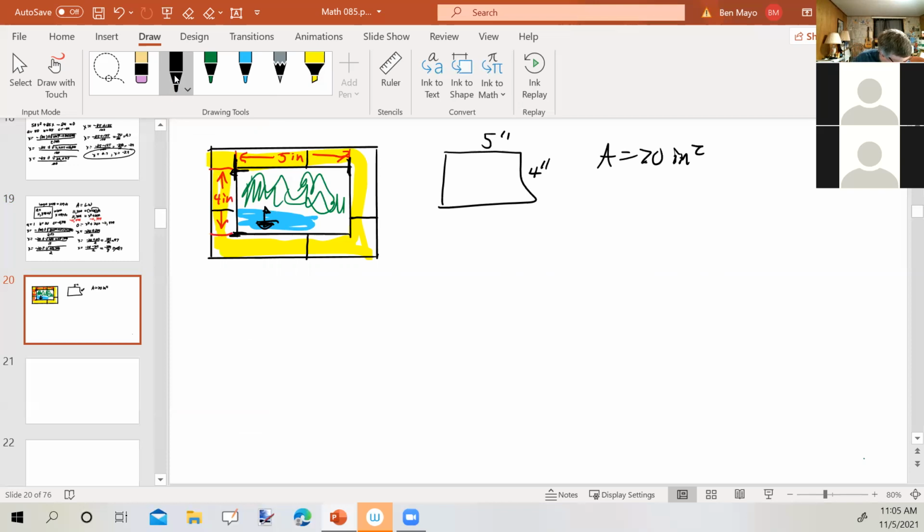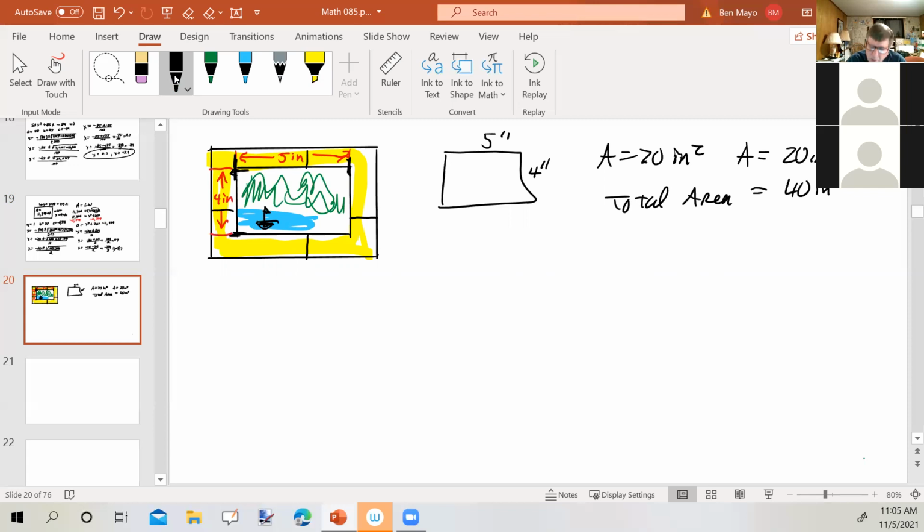The matting area is also 20 square inches, equal to the picture's area. So the total area would be 20 plus 20 is 40 square inches, all right?